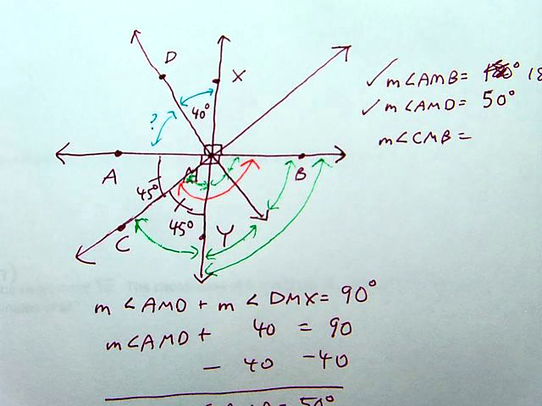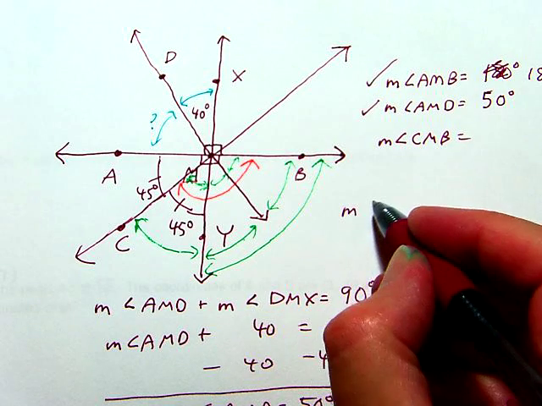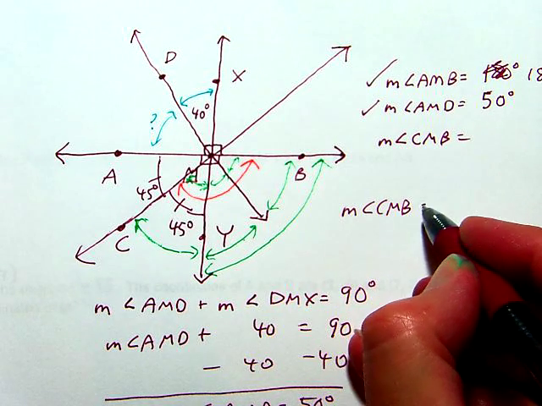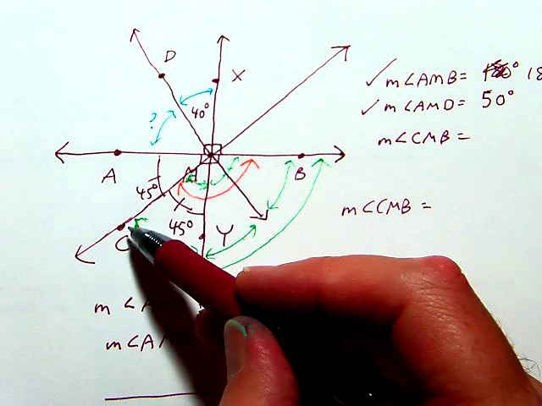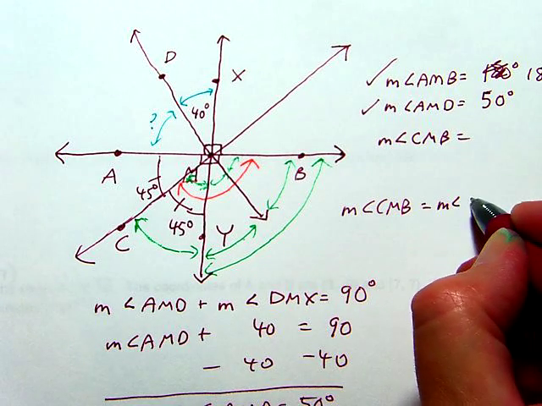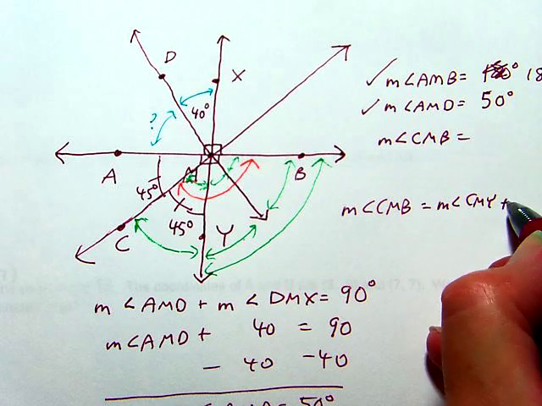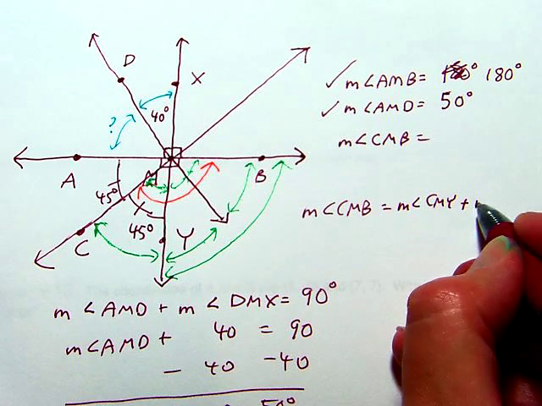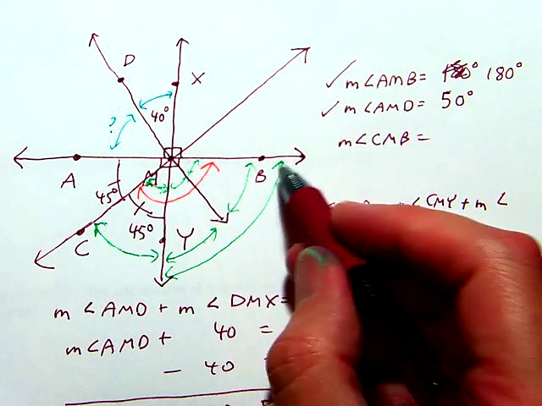So the measure of angle CMB is equal to the measure of angle CMY plus the measure of angle YMB.